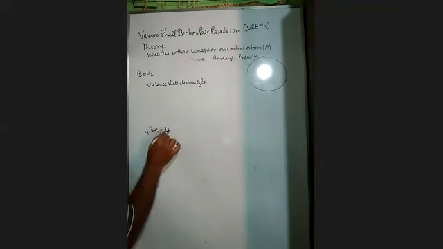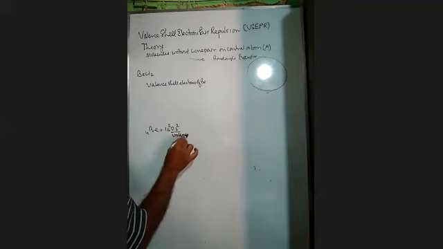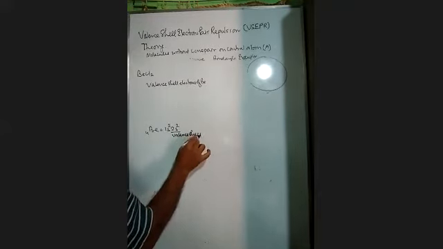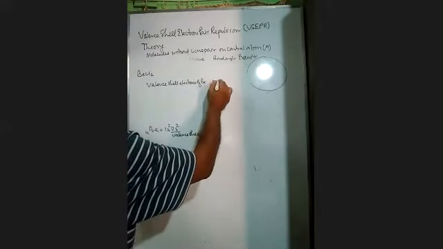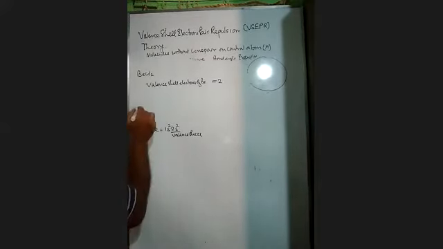Beryllium atomic number is 4, so 1s2, 2s2. The last shell is called the valence shell. So how many electrons are there? 2. Now it is Cl2, so how many bonds do you have? Only 2.